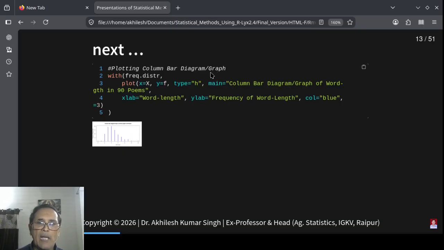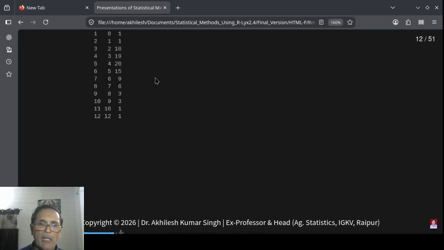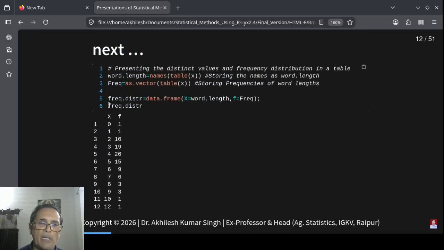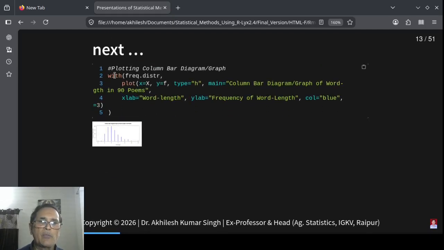Plotting column bar diagram. Here what we do, we take the with function, with this data frame. You see this data frame we have already created, where it contains two columns, capital X and small f. We need to access these X and f columns. So for that we will give this with command with the data frame we want to work with, which will enable us to directly access the X and f columns.